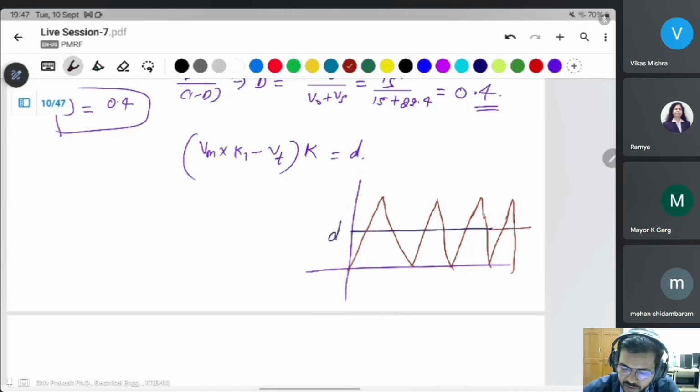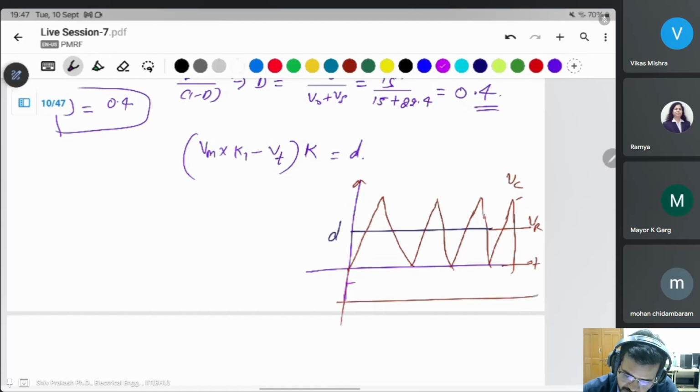on off signal given to the converter. This is the carrier signal, this is the reference signal, which you can say is the duty cycle. Then you can find the duty cycle here.